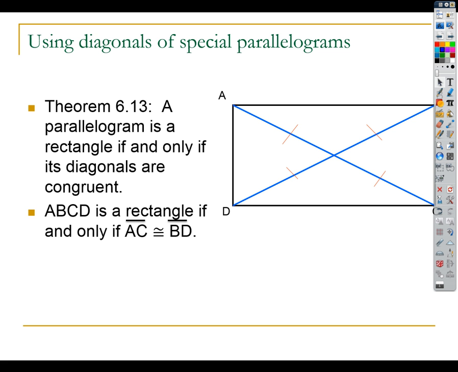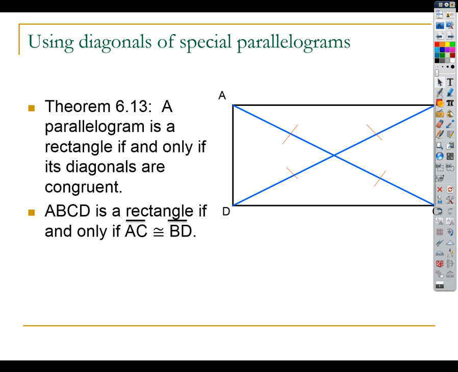We also know that if the diagonals are congruent, then it has to be a rectangle, right? So rectangle if and only if congruent diagonals. It goes both ways. That opens up all kinds of different avenues for us to solve for a variable.